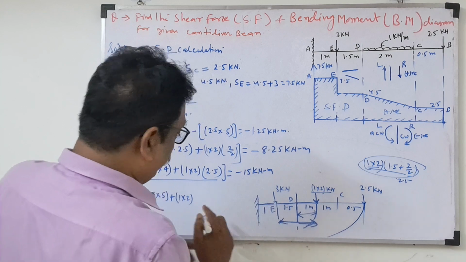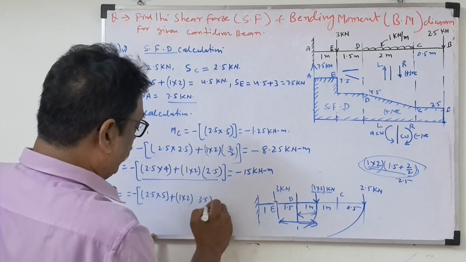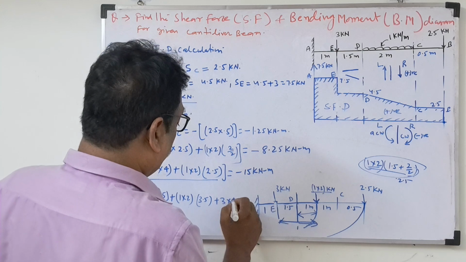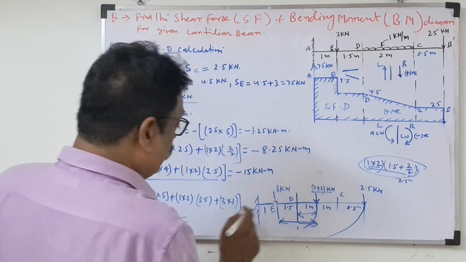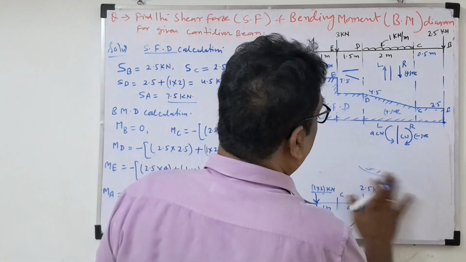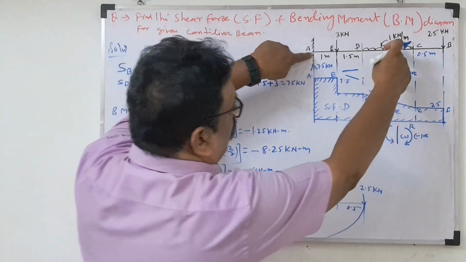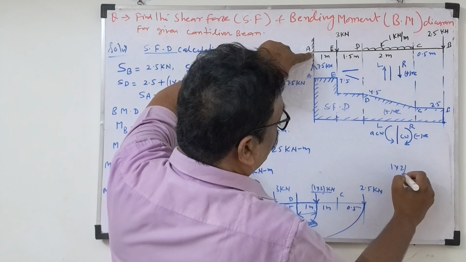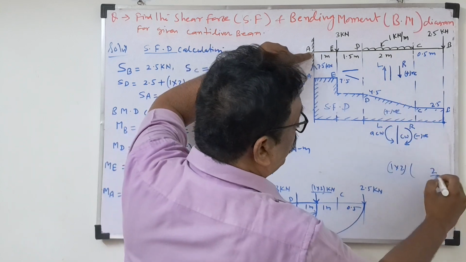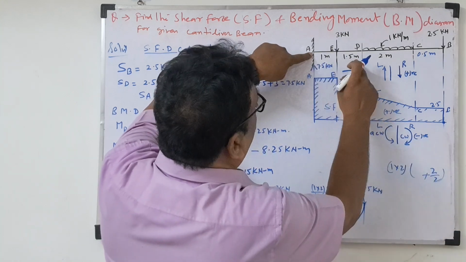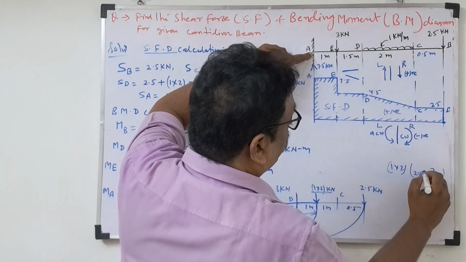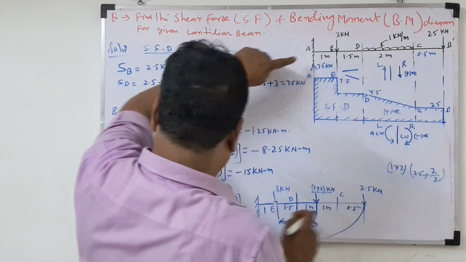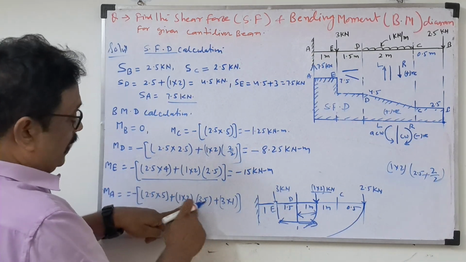Now you take 3.5, 3.5 directly. Okay. Plus 3 into 1. Close the bracket. Now look here. Directly from A, what is coming? For UDL, just for understanding, I am doing 1 into 2 load, then 2 by 2 half distance, plus where is the UDL? After 2.5. 2.5 away. So 2.5 plus 1, 3.5. See, 1 into 2, 3.5 directly.